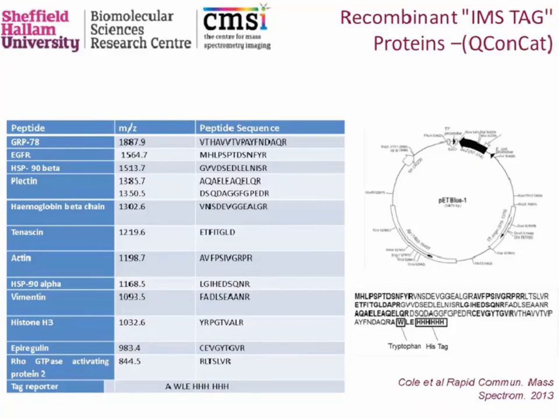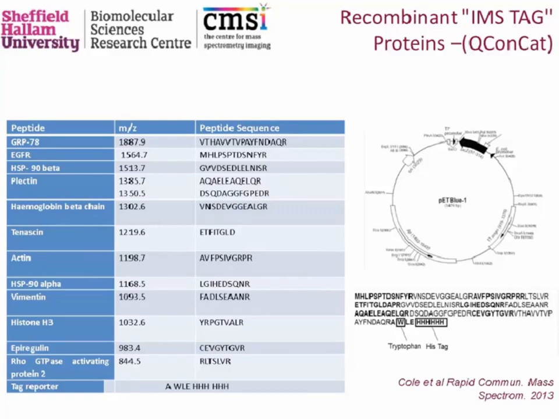We started off thinking that the way that we were going to do this was by a variation of the Q-concat methodology that was developed in Liverpool. And in the Q-concat methodology, what happens is that the signature peptides, the proteotypic peptides that you wish to use, are all grown together to create this Q-concat protein.